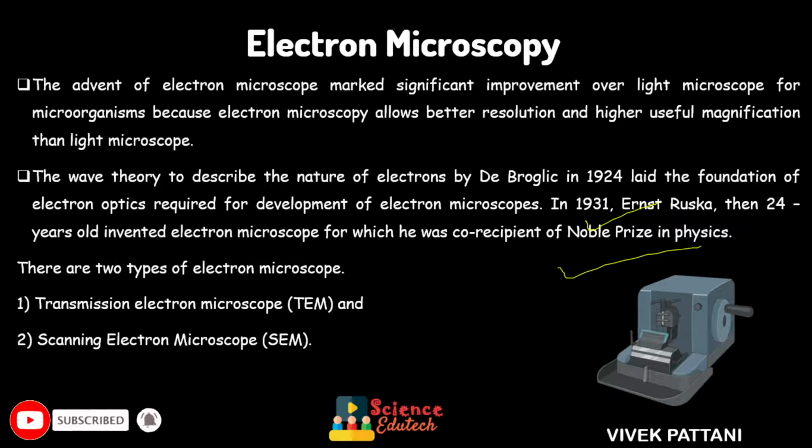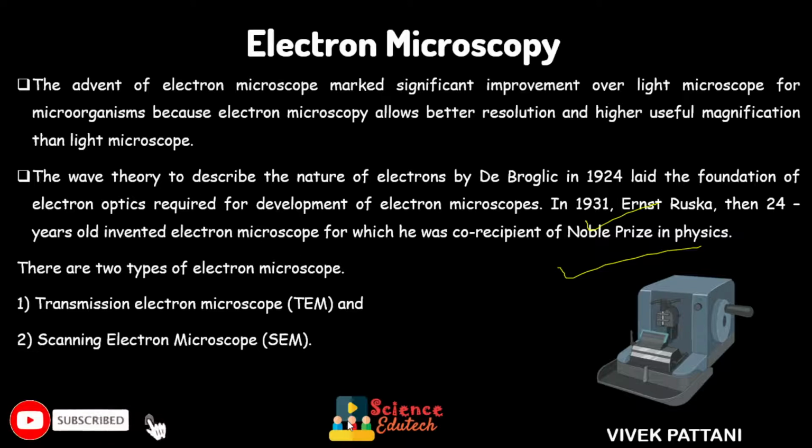Electron microscopes have a higher magnification power and a better resolution as compared to light microscopes. Using a form of electromagnetic radiation with a smaller wavelength increases the resolution, whereas light microscopes can achieve a maximum resolution of 200 nanometers.